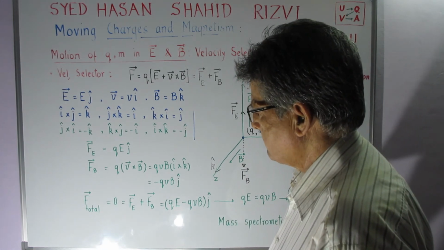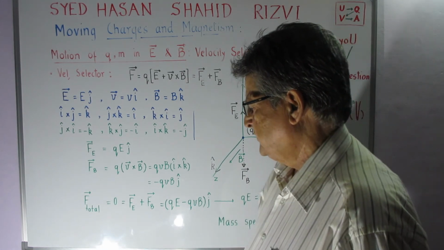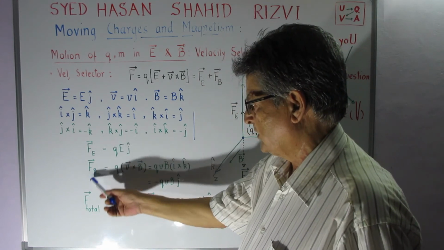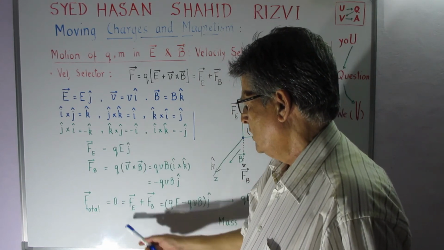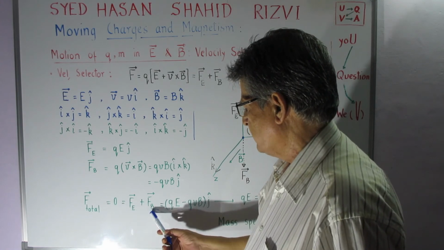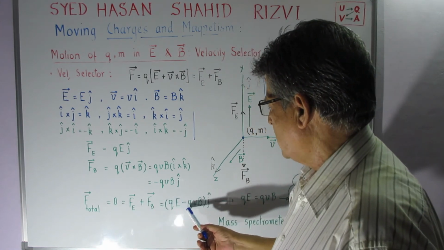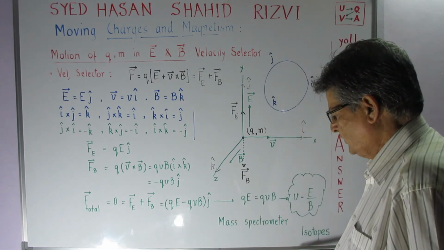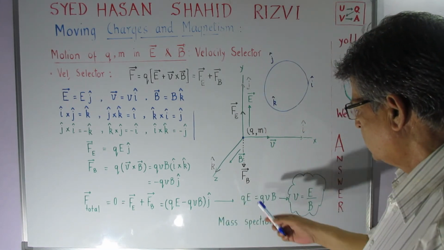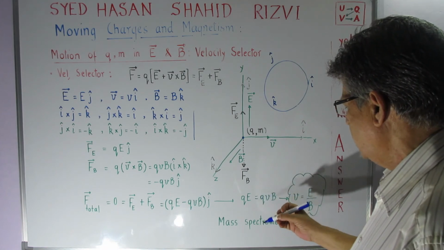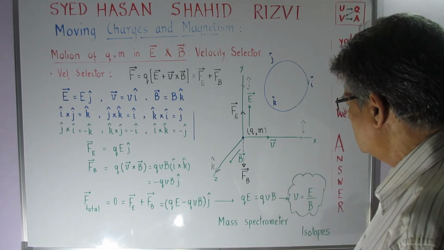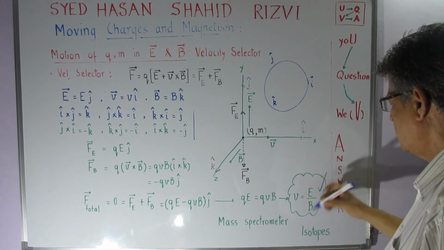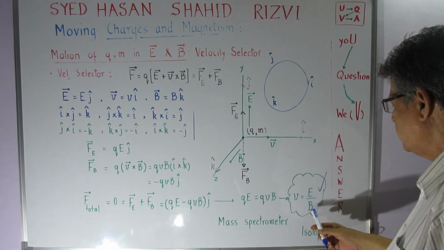Now if the net force because of this plus this is equal to 0, I can write FE plus FB as QE minus QvB j cap. This gives us QE equal to QvB, and Q will cancel out, and we get the formula v is equal to E by B.